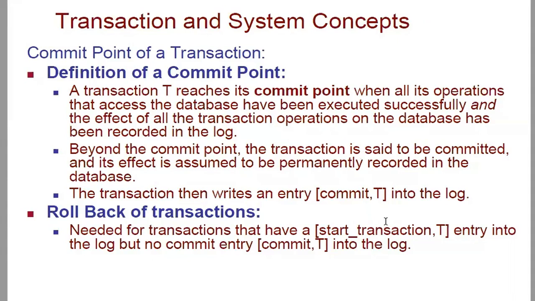Then rollback of a transaction. If the transaction is not committed fully, then from whichever stage the transaction is at, you can go for rollback. Rollback is needed for transactions that have a start entry in the log but no commit entry.